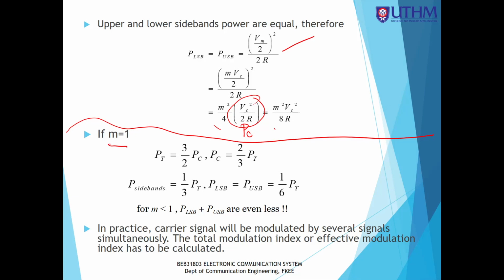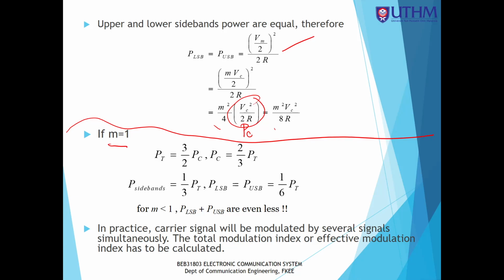Therefore, carrier power is 2 over 3 of the total. So the carrier contributes 2 over 3 of the total power. 2/3 daripada total power adalah milik carrier. Manakala bakinya, the remaining is 1 over 3.